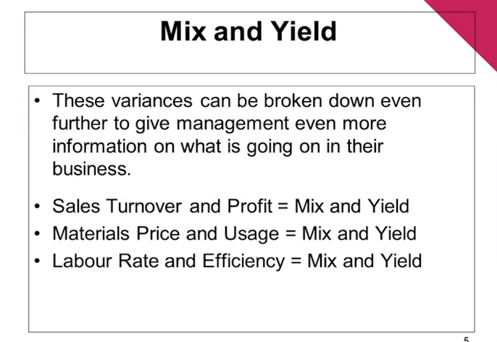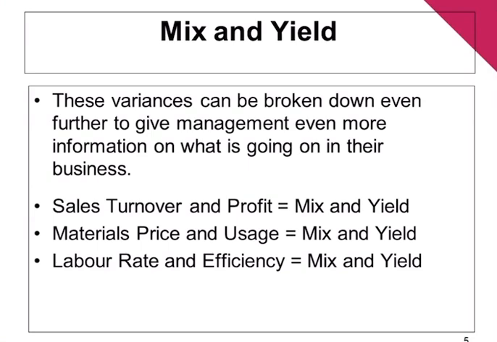We can break our sales, our materials and our labour down into mix and yield. In particular, it's normally focusing on the last of those variances, so profit, usage and efficiency, but not always.